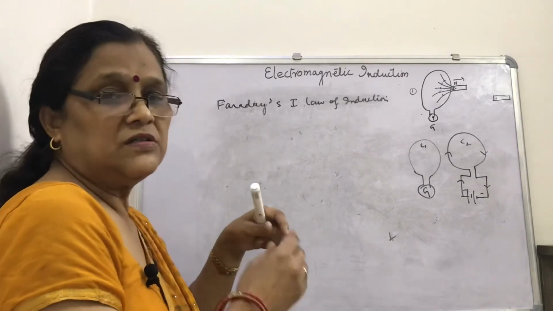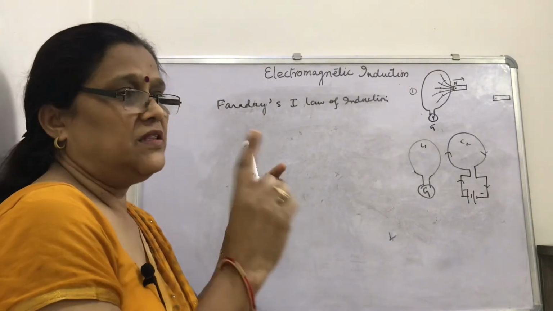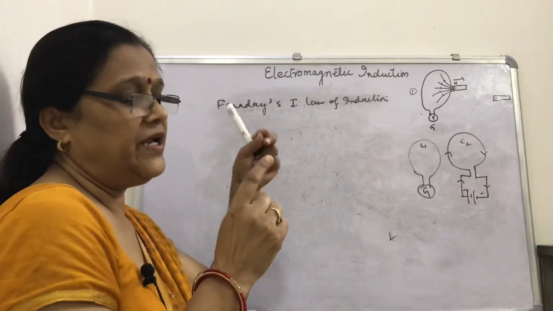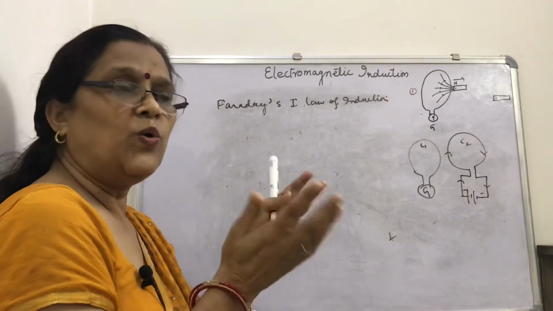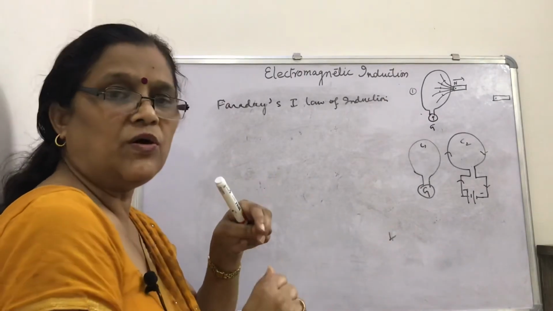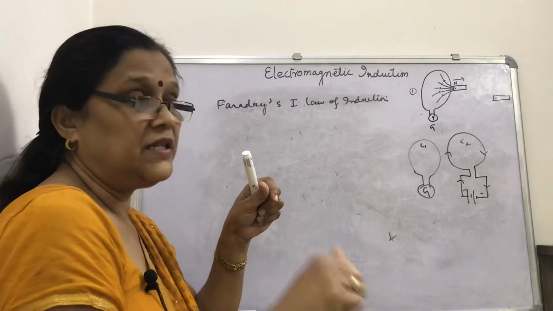How will you say this? What this law confirms is that there must be a continuous change in magnetic flux linked with a closed circuit, only then will there be continuous production of EMF or induced current in that circuit.